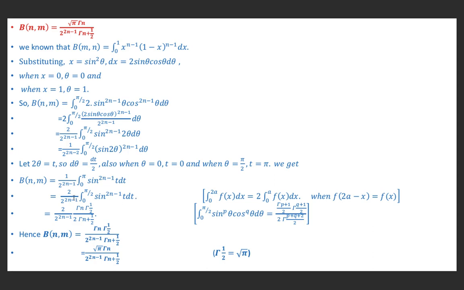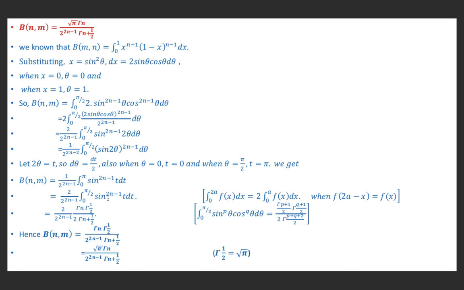And this is 2 raised to power n minus 1, and we know that integral 0 to pi by 2 sine p theta cos q theta d theta equals gamma of (p plus 1) by 2 gamma of (q plus 1) by 2 upon 2 gamma of (p plus q plus 2) by 2. This we have studied in previous slides.